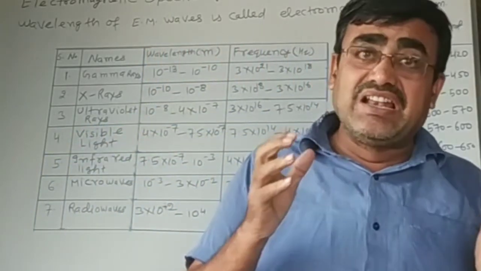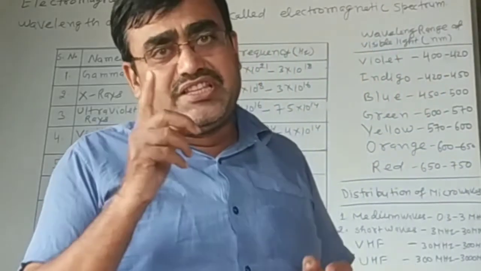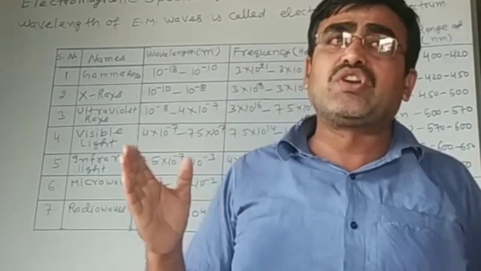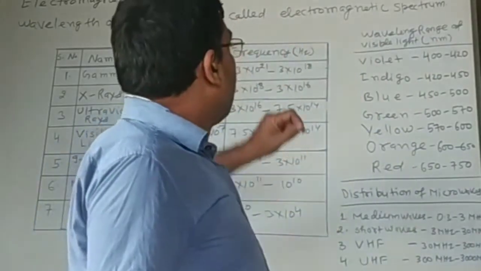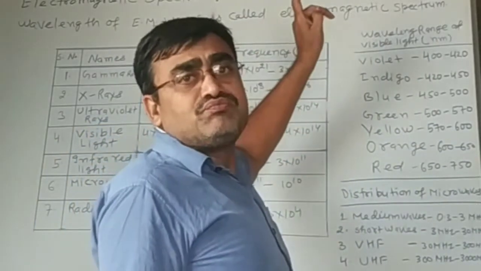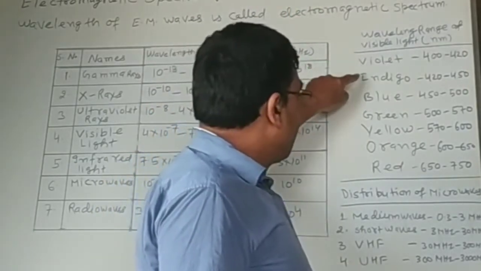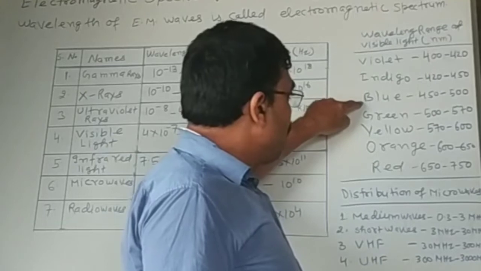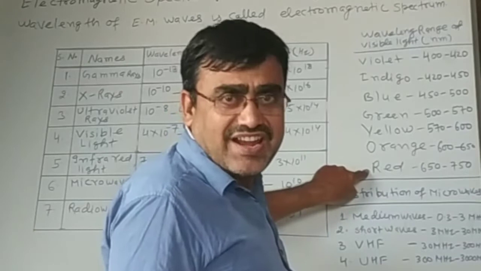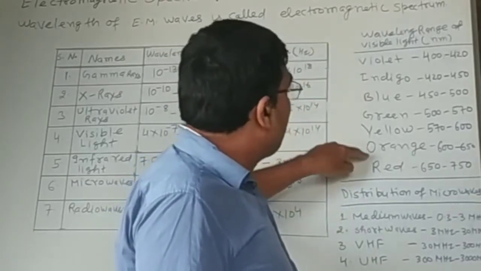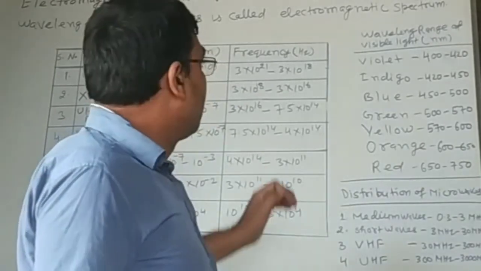It is also used in chemical reactions. Visible light is also distributed in 7 components according to their wavelengths: violet, indigo, blue, green, yellow, orange, and red. These are the 7 components of visible light.